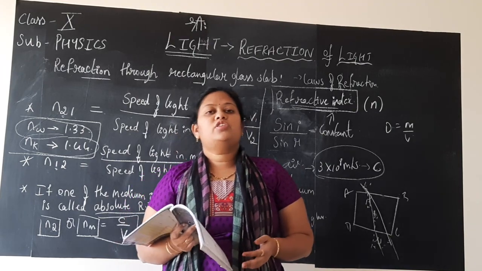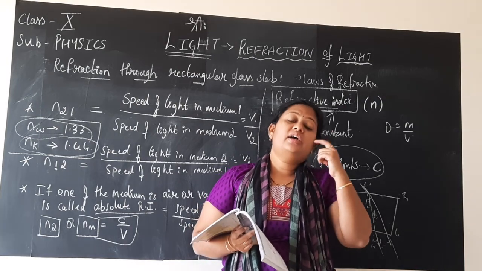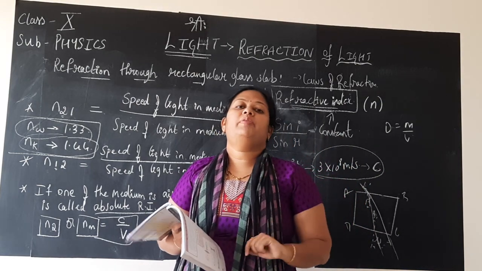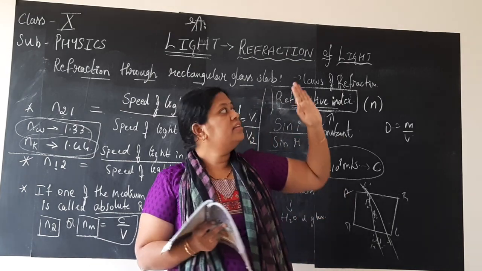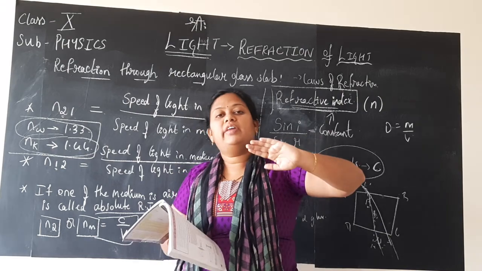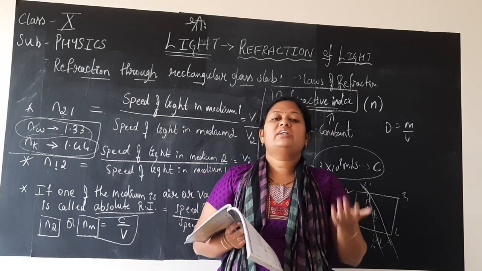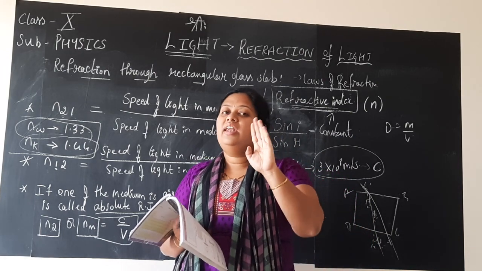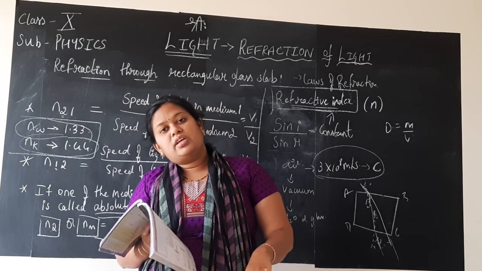As we studied the process of reflection of light with respect to spherical mirrors, here we are going to study the process of refraction with respect to spherical lenses. We know already that the process of refraction of light is studied for a transparent medium. So we will consider the lens here and not the mirror. A mirror is not transparent; a lens is a transparent medium. As we studied, there are convex and concave mirrors.